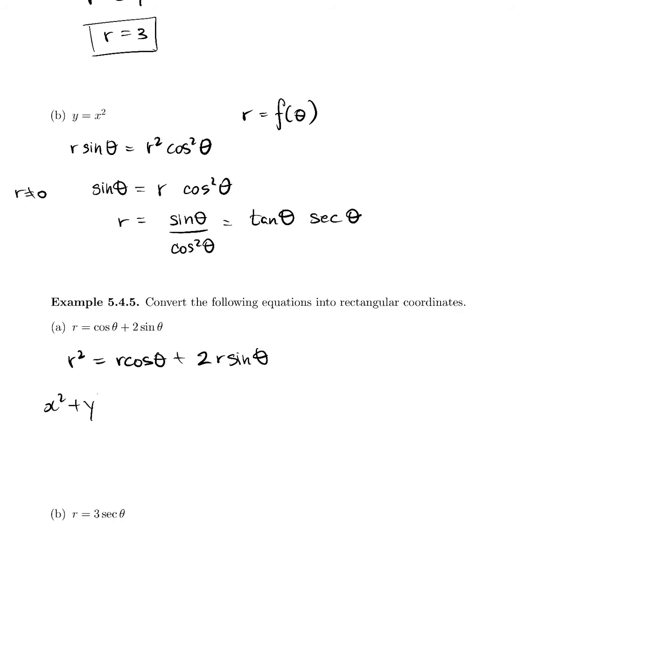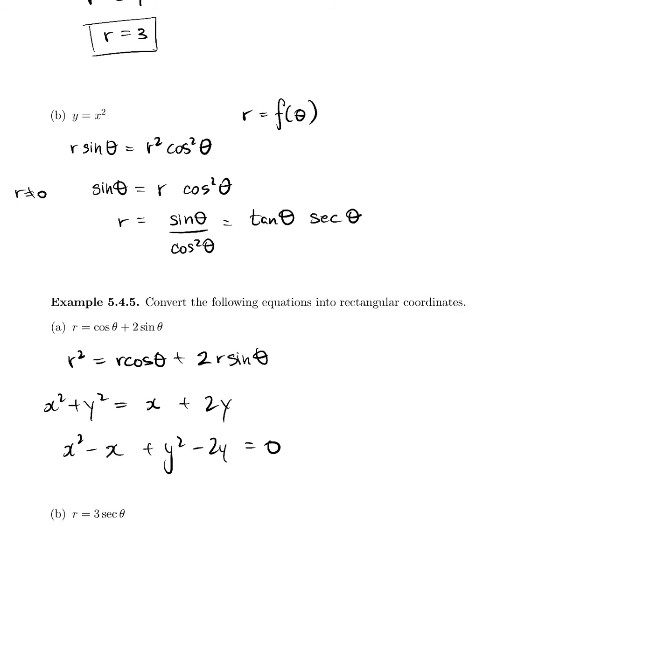So r squared is x squared plus y squared. R cos theta is x, plus 2r sine theta is y. So there's our equation converted, and if we bring it over, you might see that you could do x squared minus x plus y squared minus 2y is equal to 0.